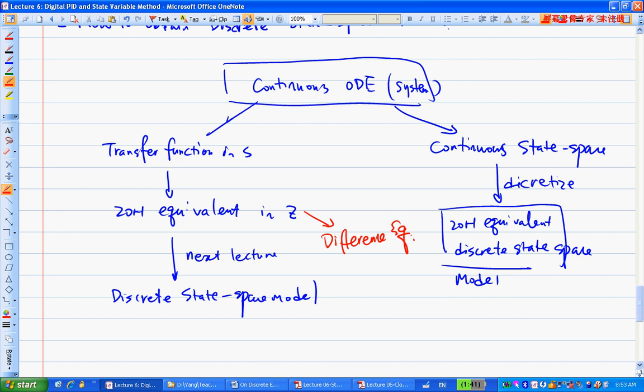Just remember one thing: Z to the power -1 is one step delay. So you obtain your expression, that part I will show you, and then you get your difference equation. From the difference equation, you can get the discrete state space model.